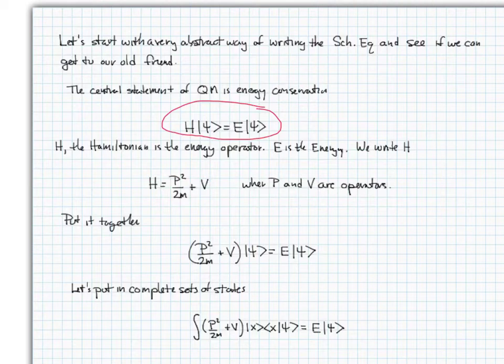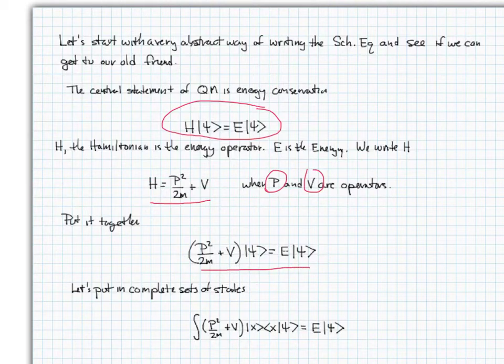So this is really abstract. E is the energy, it's a number, and H is the energy operator. Well, we can write the energy operator in terms of the momentum operator and a potential operator. So H is P squared over 2m plus V. When I write this Schrödinger equation out in terms of P and V, it looks like that.